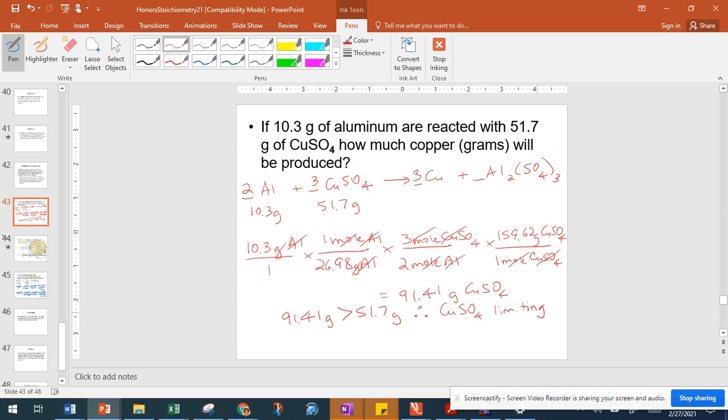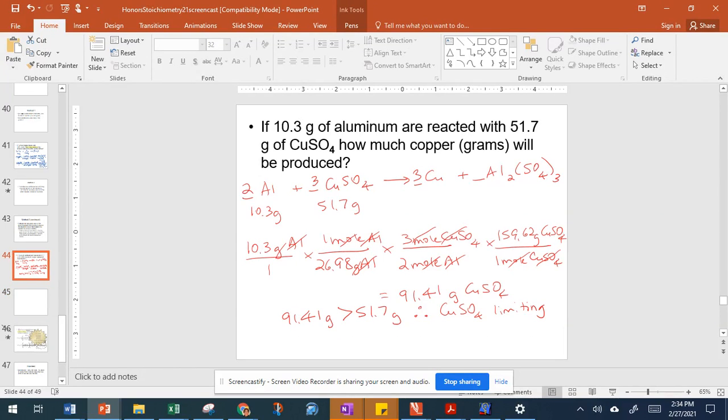Okay, so once we know that copper 2 sulfate is limiting, now we can take copper 2 sulfate to one of the products to figure out how much of that product would be produced. So in this case it's asking us how much copper would be produced, so we're going to now take this to copper. So I'm going to make a new slide.